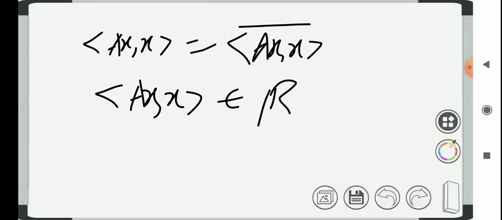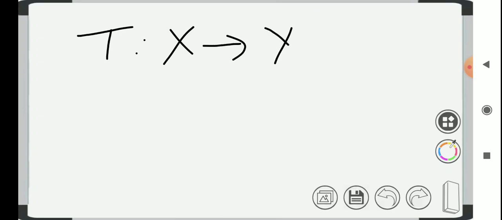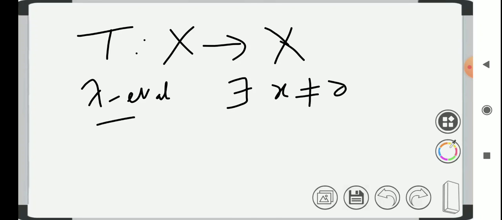The second property is about its eigenvalues, that its eigenvalues are also real. So let me first remind you of the definition of eigenvalue as well as eigenvectors. We say that if we have a linear operator T from some linear space X into X, lambda is an eigenvalue for this linear operator if there exists some non-zero vector x in X such that T of x is simply lambda times x.